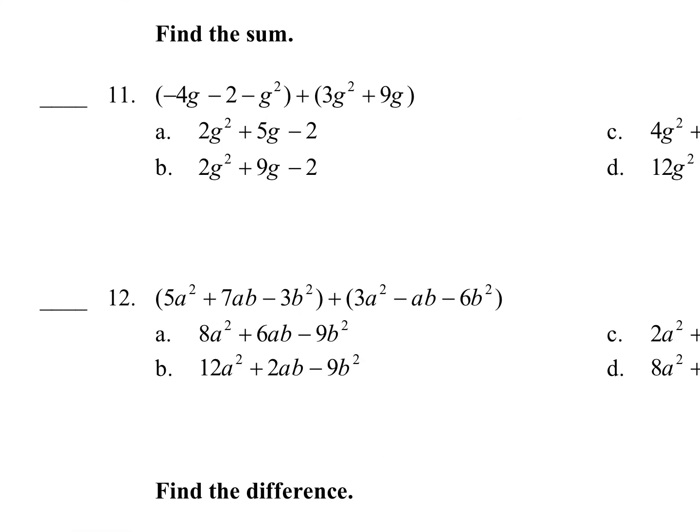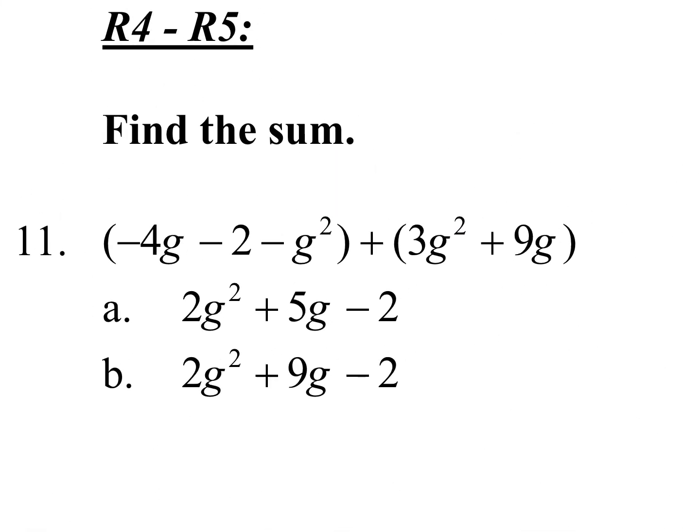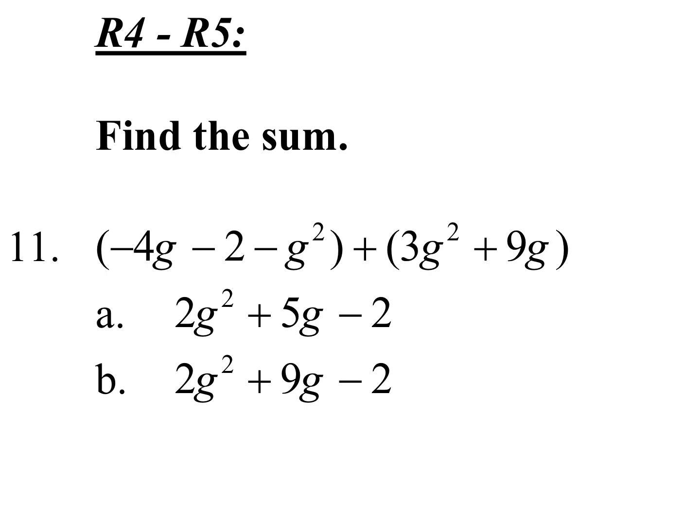So let's look at 11. How would I add these together? What do I need to do? Add like terms. So I'm going to start with the squared ones. We just add the coefficients. The variable part stays the same. So this would be negative 1 plus 3, which would be what? 2. So 2g squared.